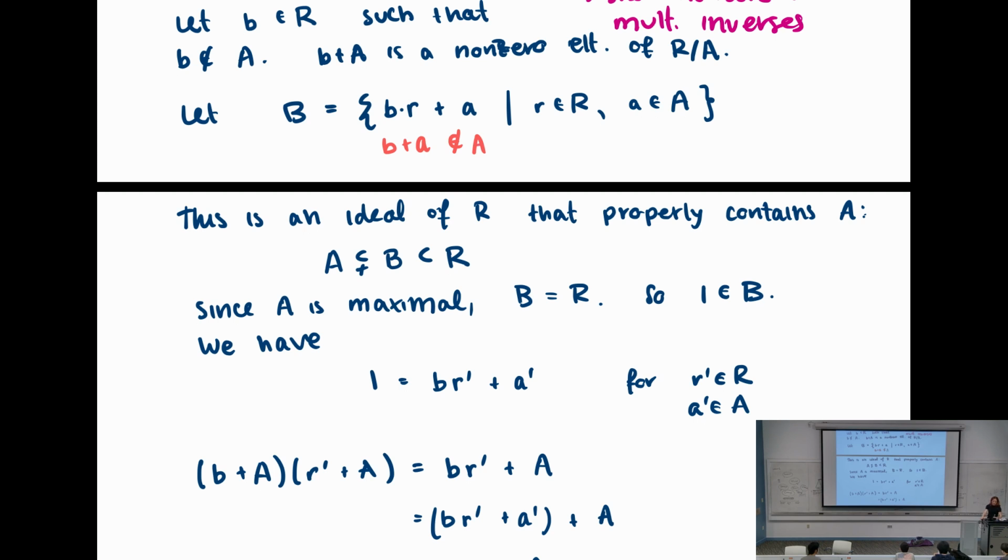Because if it was, then b plus a minus a, which is b, would be in A, but that's not the case because b was selected to be something that's not in A.